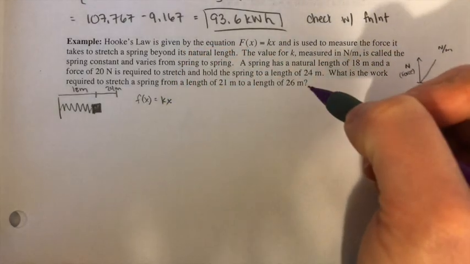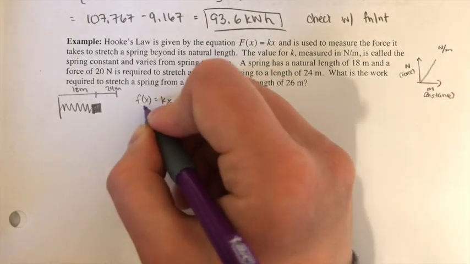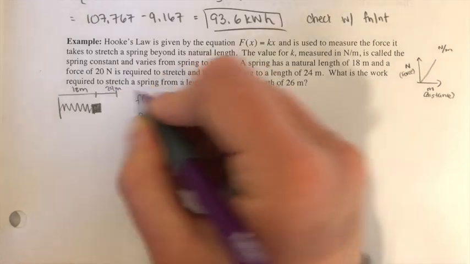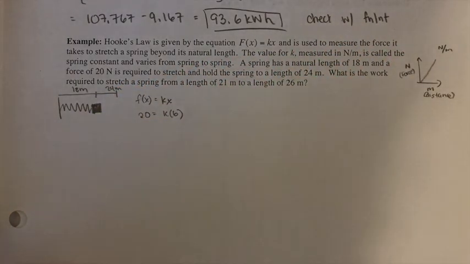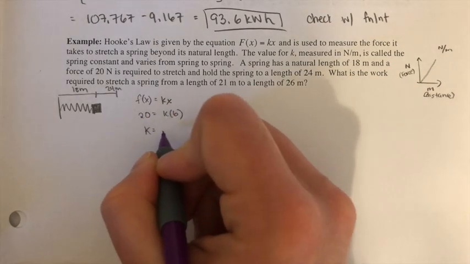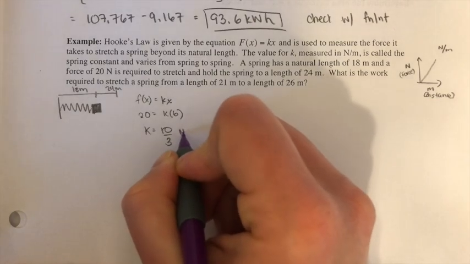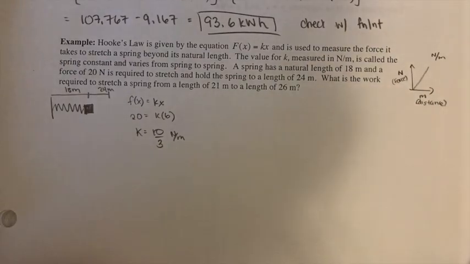And to get it out to 24 meters, it takes 20 newtons. So if my force to get to x is 20, and my x, that means there's a stretch of 6. Okay, so that's how we can solve for k. So k is equal to 20 over 6, which is the same as 10 over 3, and we know that's newtons per meter. Okay, so that's our first bit of information.